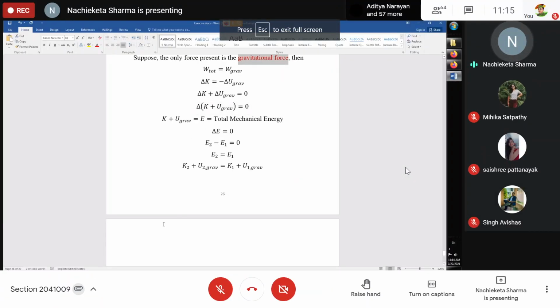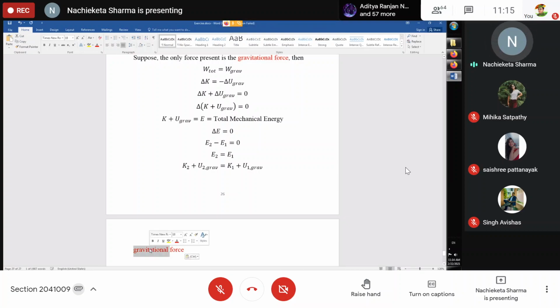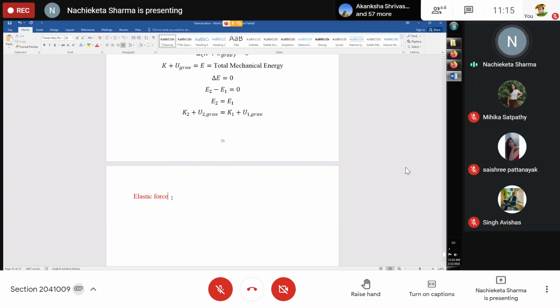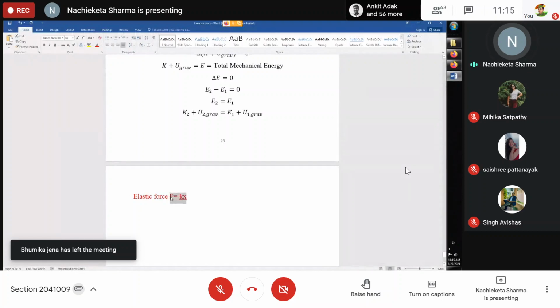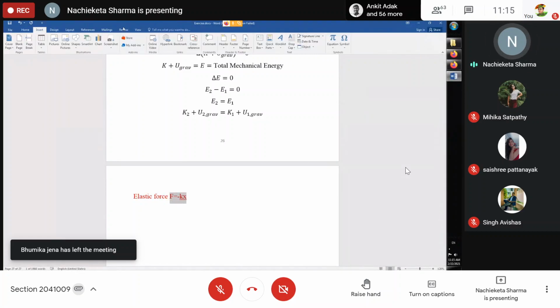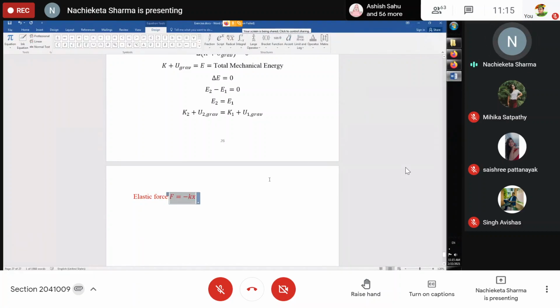So in place of this gravitational force, I can write this elastic force, which is also a variable force. And you know the equation: F elastic is equal to minus Kx. So this is the elastic force. You can write it as F is equal to minus Kx, isn't it?